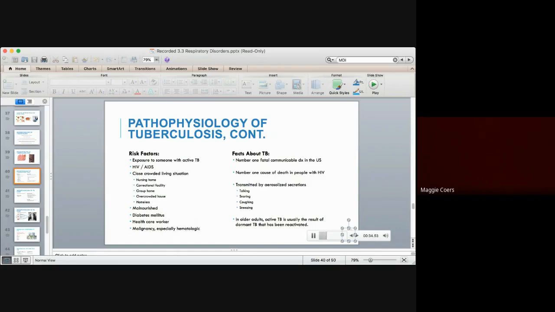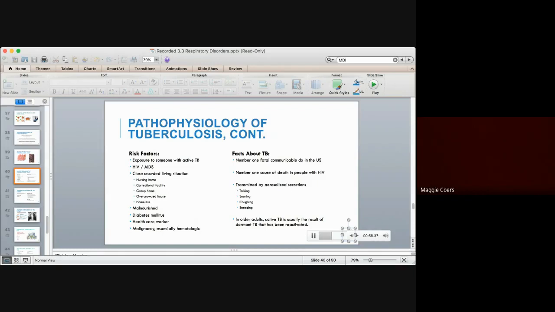They have to have active signs and symptoms of tuberculosis to be infectious. However, if the person has poor immune function, lives in a crowded situation, and comes into contact with somebody with active TB, they will get tuberculosis. It only takes one organism to be breathed in to cause someone to have TB.